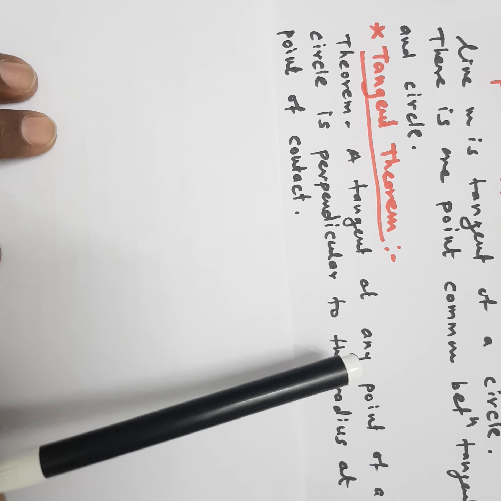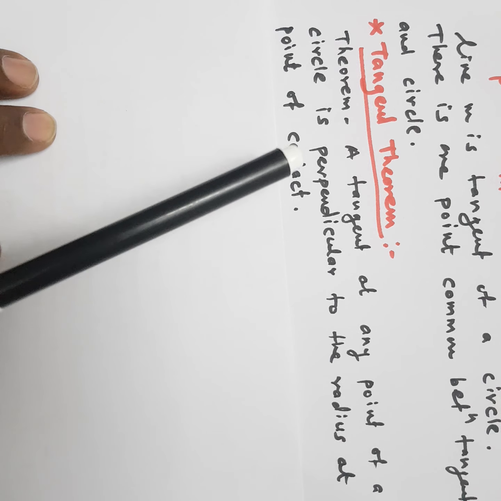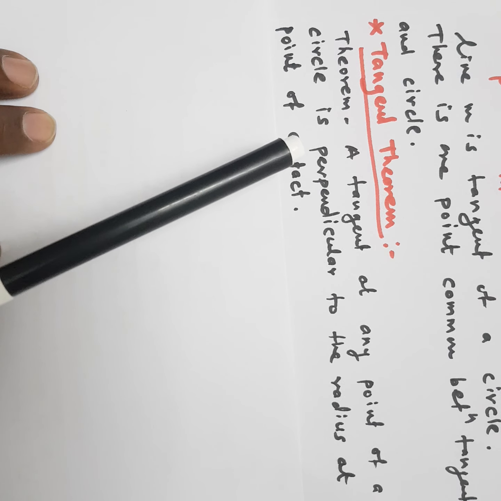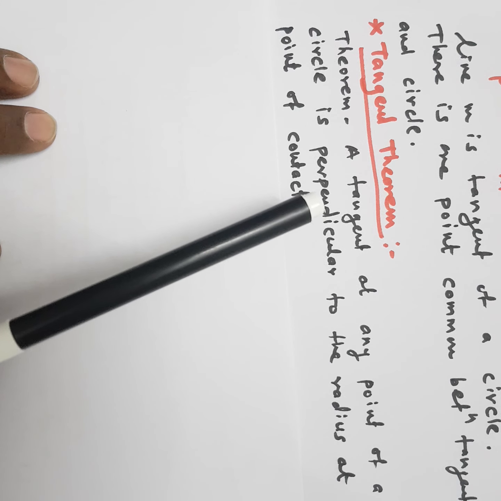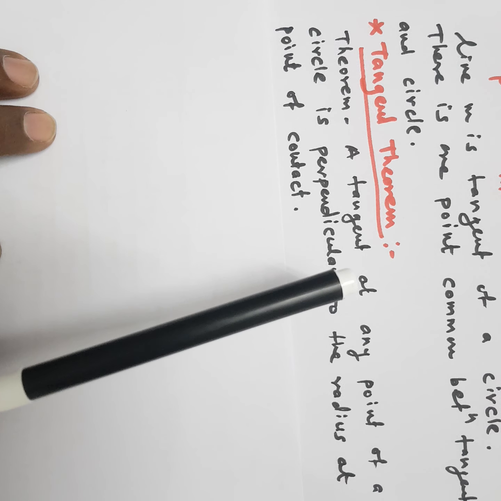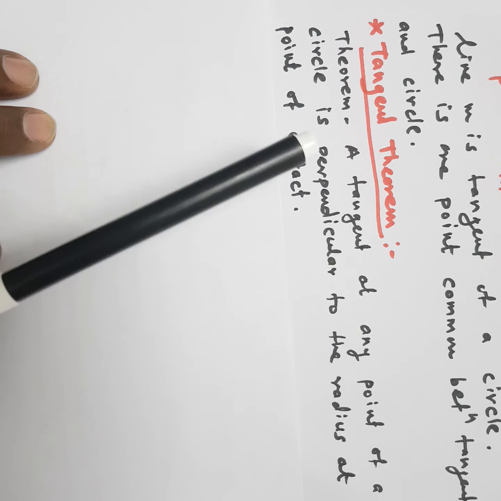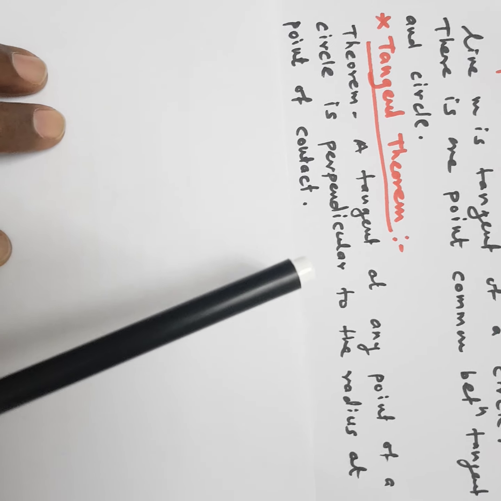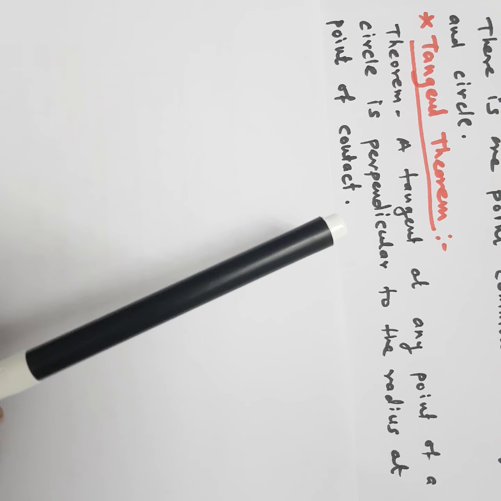Here we can draw an infinite number of tangents to the circle, because a circle is a set of infinite points. Through each point we can draw a tangent, but the tangent at any point of a circle is perpendicular to the radius at the point of contact.